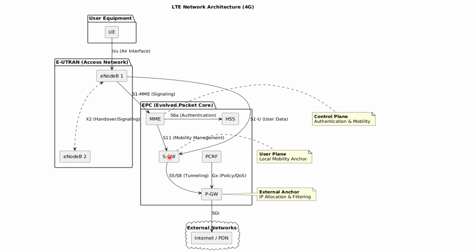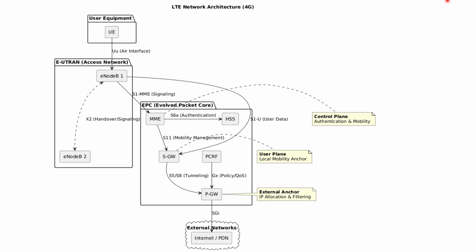The MME is going to instruct the node B in case of mobility management, like moving from node B1 to node B2. Then we have the packet gateway, or PDN gateway.